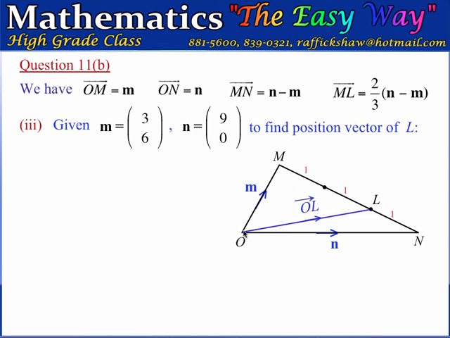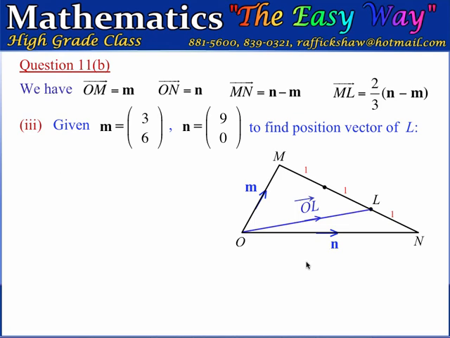And so if we look at the vector OL, we see that to go from O to L, we could go OM and then ML. And therefore, the vector OL would be equal to the vector OM plus the vector ML.